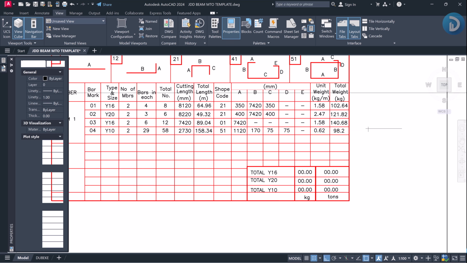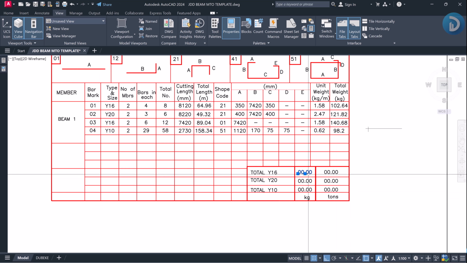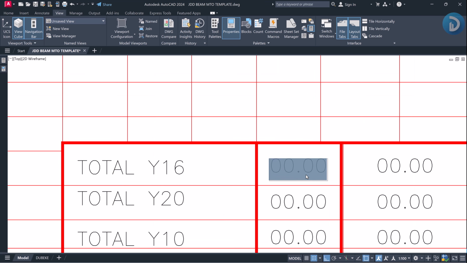So it will be 102.64 plus 140.68, and we have a total of 243.32. So this becomes 243.32 kilogram.